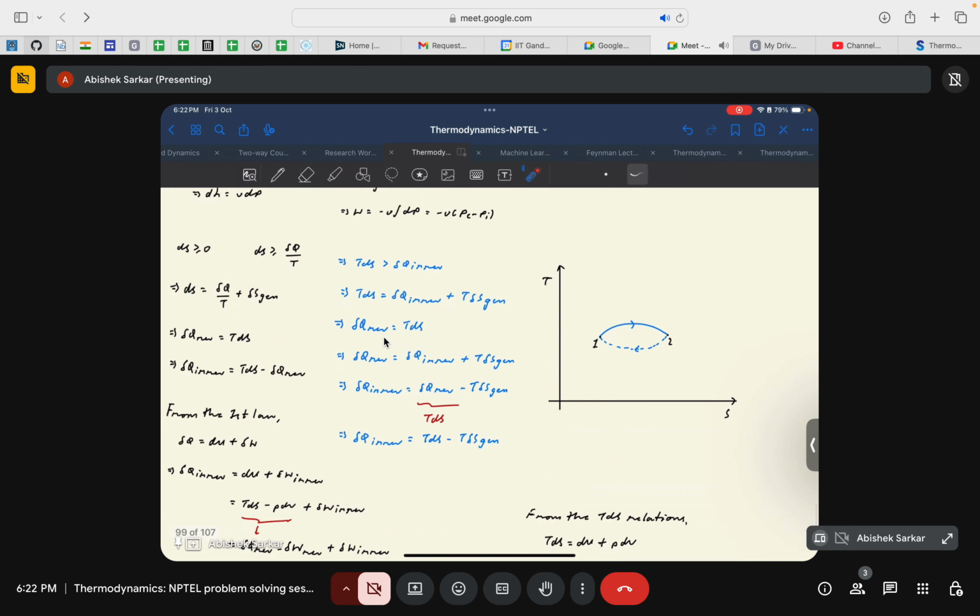So we know that from this relation, that is dS is equal to del Q reversible by T, we get that del Q reversible is equal to TdS.